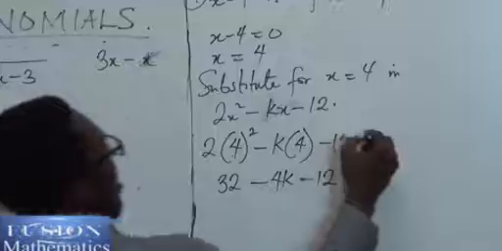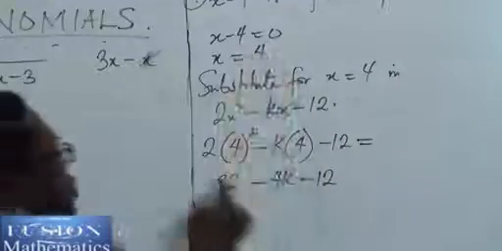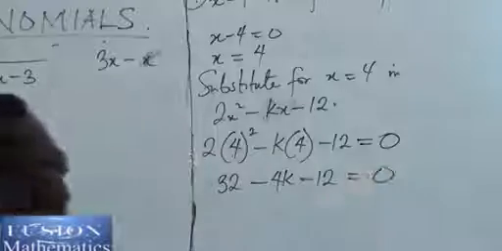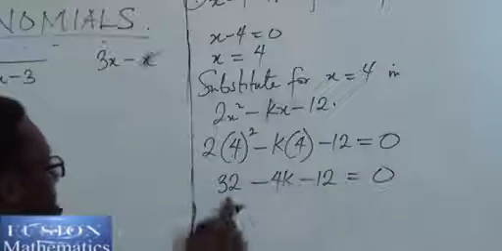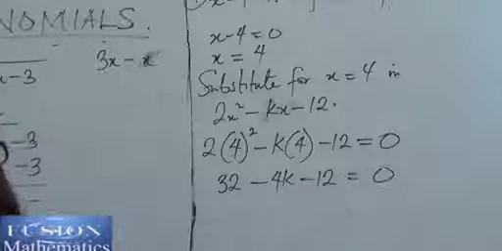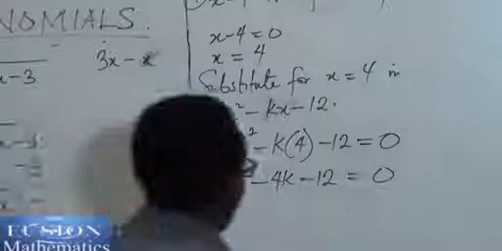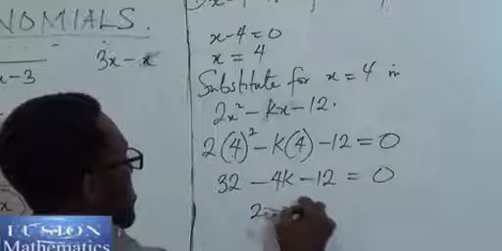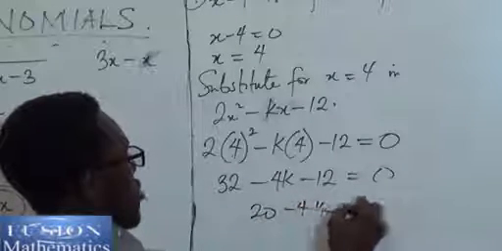Remember that we already know that this is a factor, so we already know that this will give us 0. So let's equate it to 0. So we add the numbers, 32 minus 12 will give us 20. So we have 20 minus 4k equal to 0.